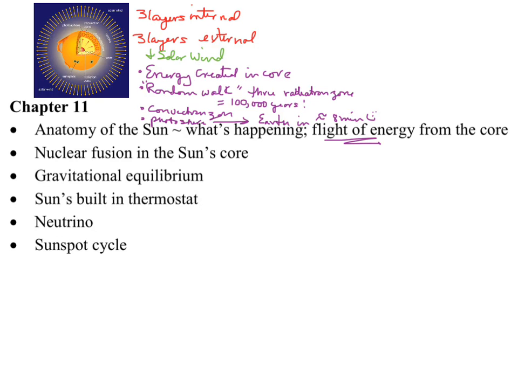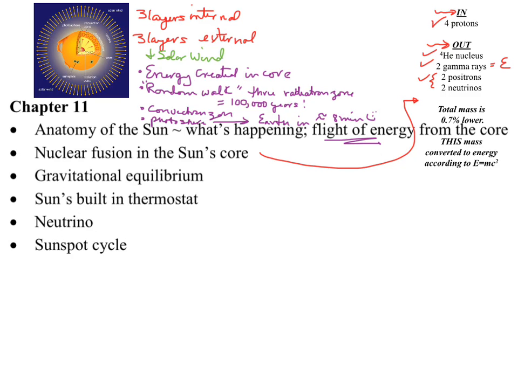All right, the next one, nuclear fusion in the core of the sun. So I brought in something from your lecture slides. How do you get what's going on in the center of the sun? Basically, you get 4 protons in. Protons are basically the hydrogen atoms.